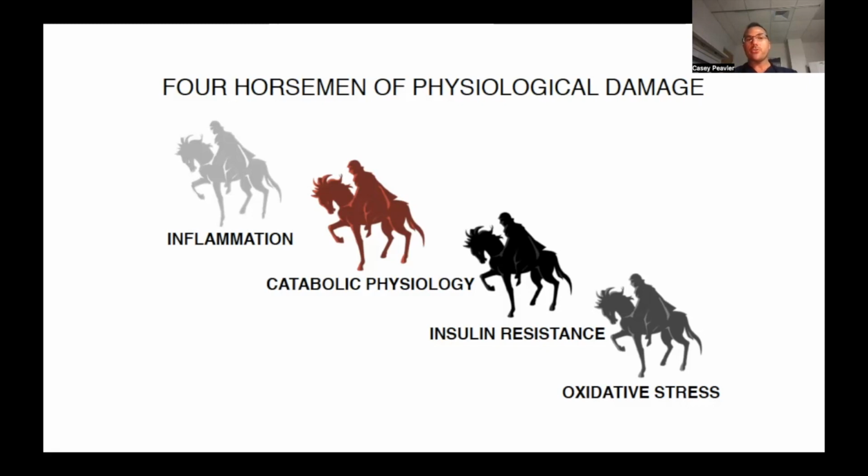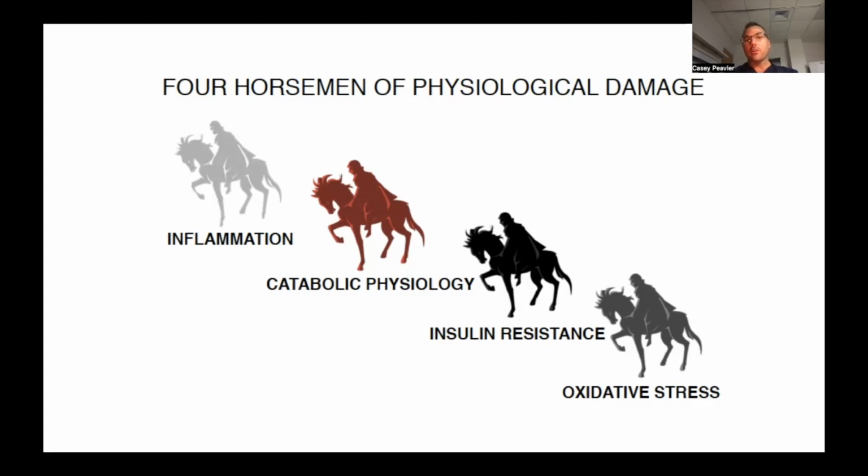Now, a good history should help us understand where a lot of these things are coming from, but it's good for us to quantify the amount of damage coming from each particular driver. So outside of the hospital, in addition to highly sensitive C-reactive protein, we can look at ferritin, ESR, and even cytokine panels.